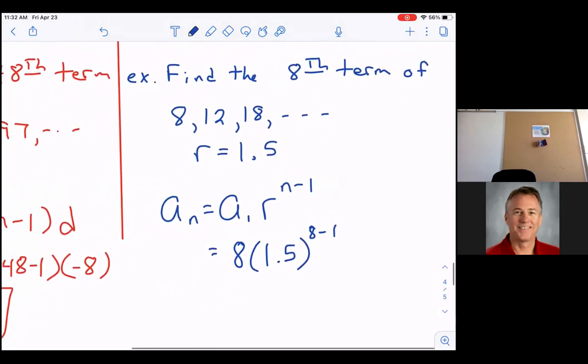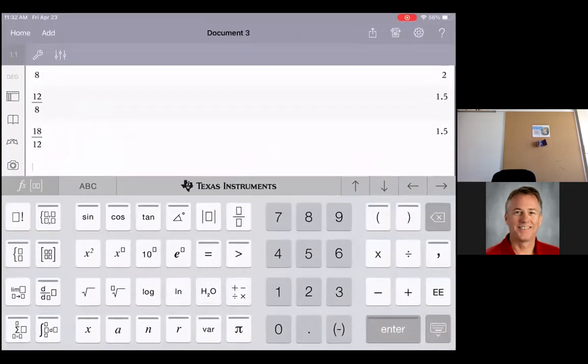All right, let's plug that into our calculator. So it's 8 times 1.5 to the 7. Notice my use of parentheses here, so be careful. And notice I used a decimal here. If I wanted to round this to the hundredths, I would do 136.69.